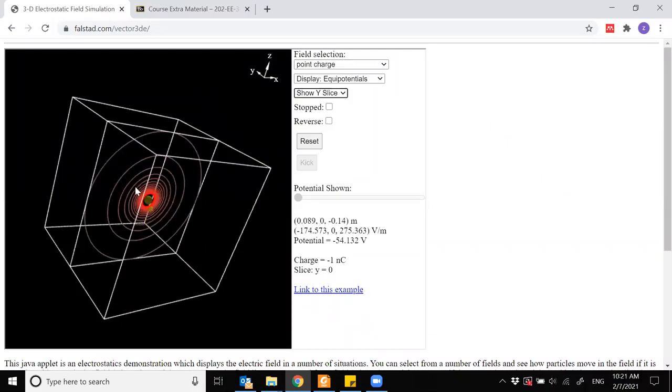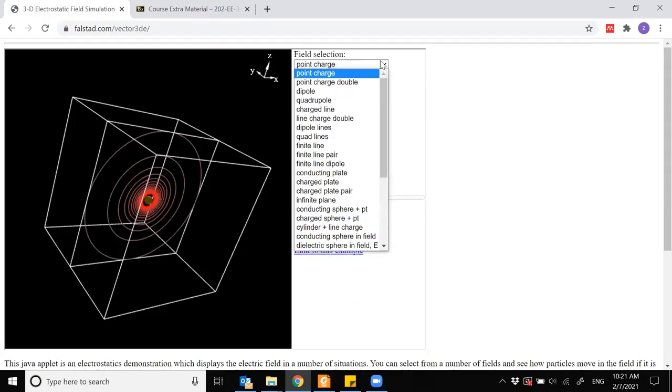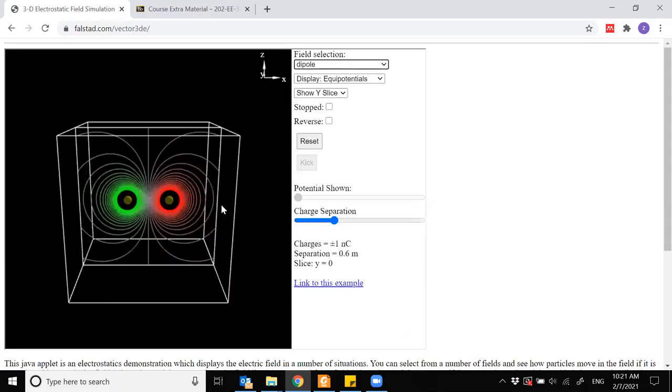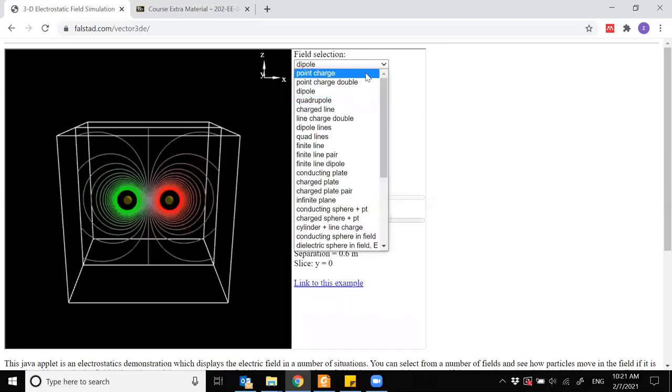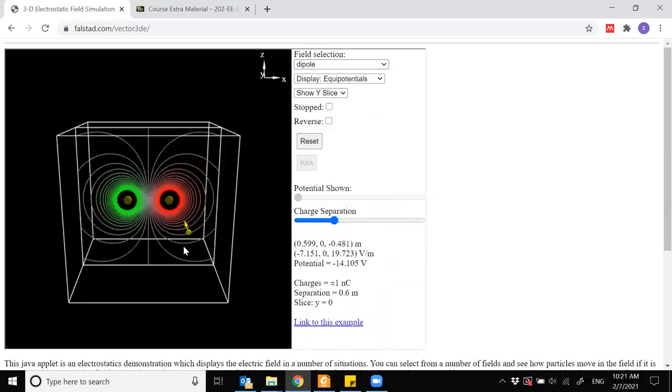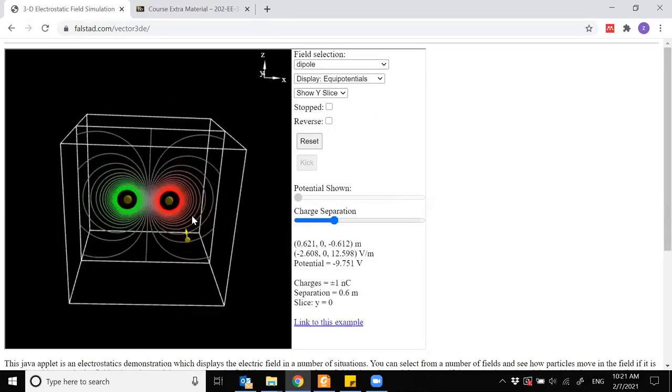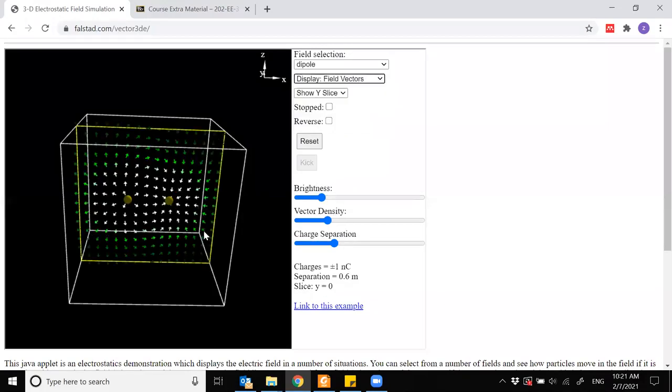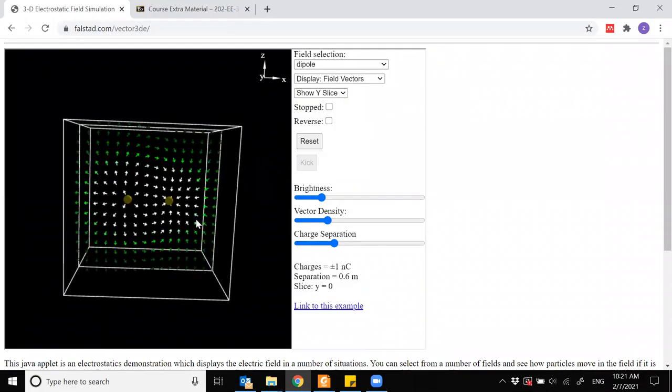So it's easy for just a point charge, but as your charge distribution becomes complicated, visualizing the equipotential surface becomes difficult. For example, now we are here in our dipole. This is the electric field vector, in 2D.